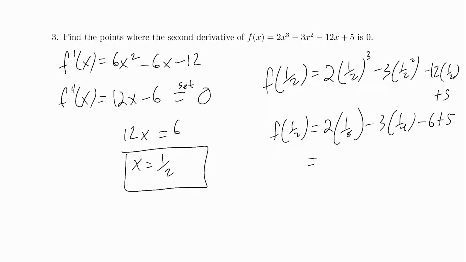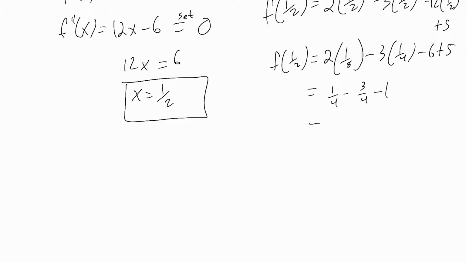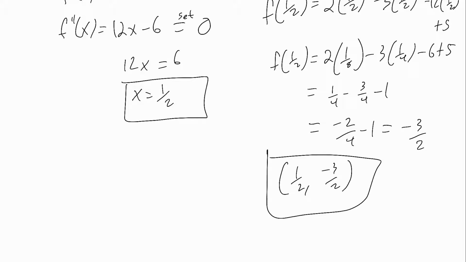So this is 1/4 minus 3/4 minus 1, because this minus 6 plus 5 combines to be minus 1. So this is 1/4 minus 3/4, well, that's minus 2/4 minus 1. So that's minus 1/2 minus 1, so that's minus 3/2. So we have 1/2 comma minus 3/2. Granted, that being said, I still gave full credit for just the x value.